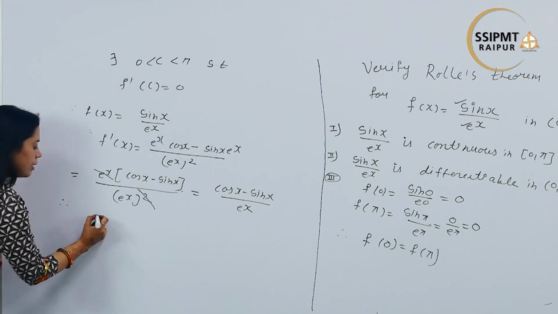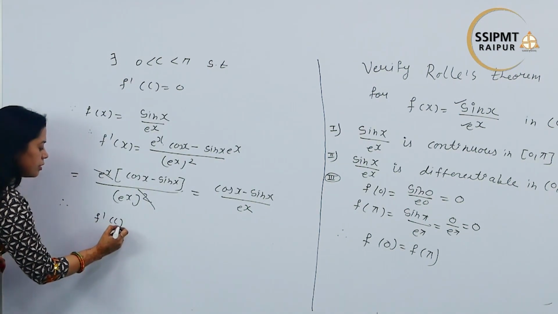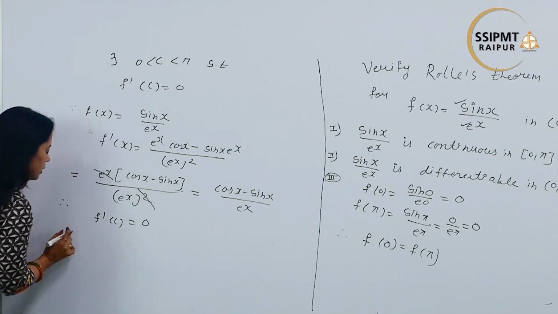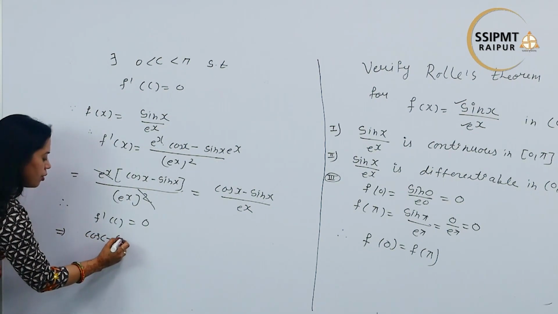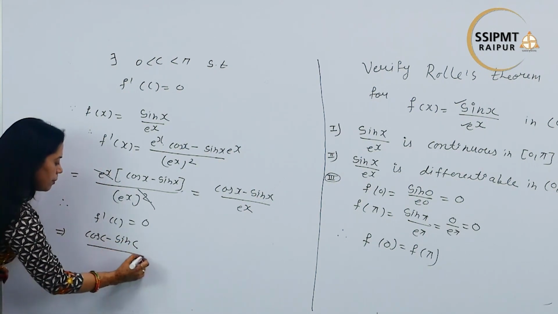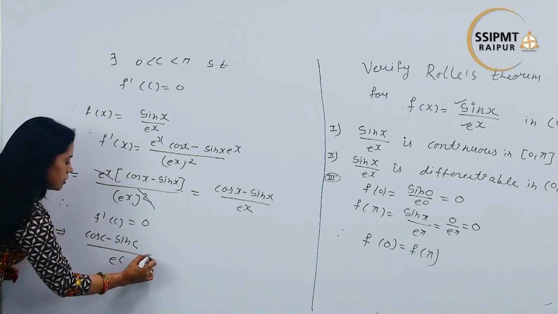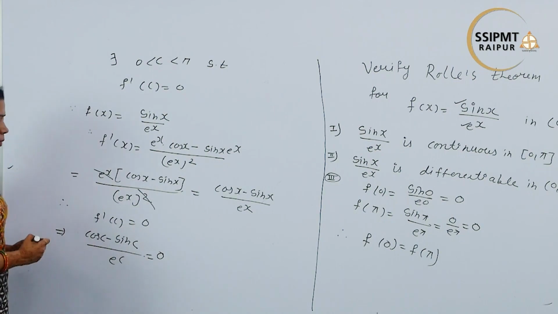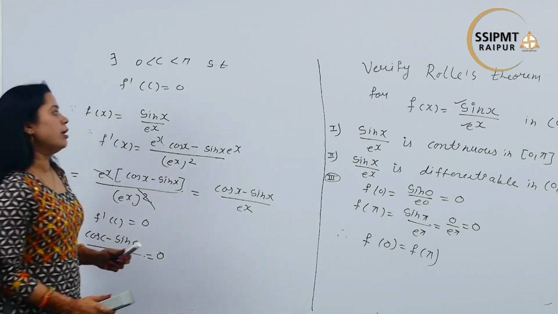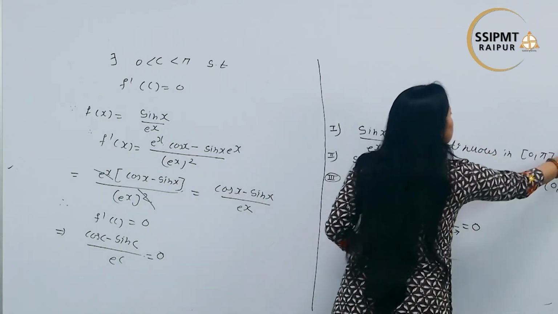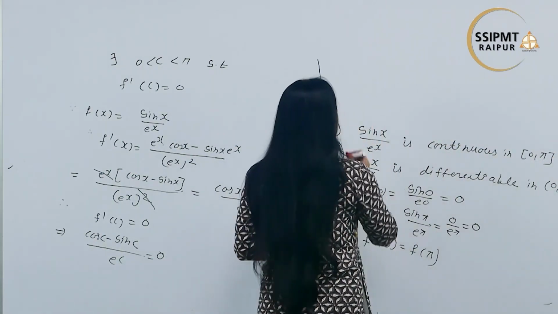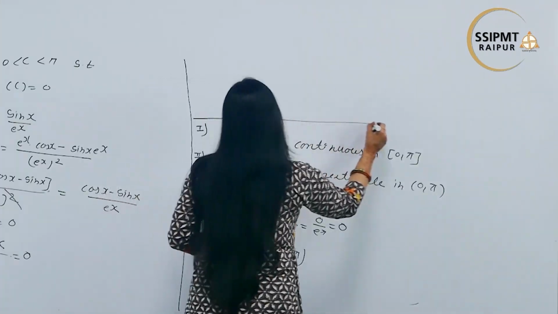Therefore, f'(c) is equal to 0 gives us (cos c minus sin c) upon e to the power c is equal to 0. So let's find the value of c and check whether it lies between 0 and pi or not.